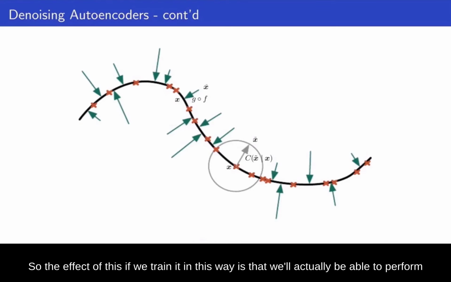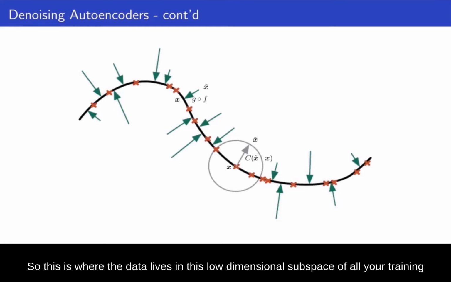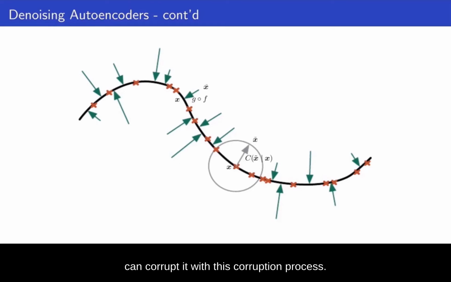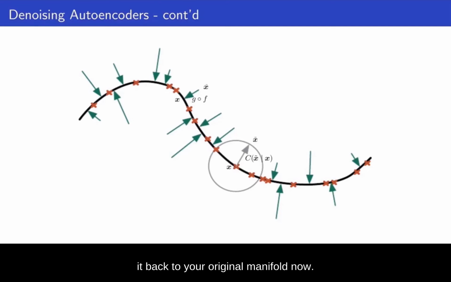The effect of this, if we train it in this way, is that we'll actually be able to perform denoising on new samples. Imagine the black solid line here is the data manifold. This is where the data lives, in this low dimensional subspace of all your training data. Then you can corrupt your data that's on this manifold with this corruption process C, and if the effect of this corruption is not too big, then you will be able to reconstruct it back to your original manifold.